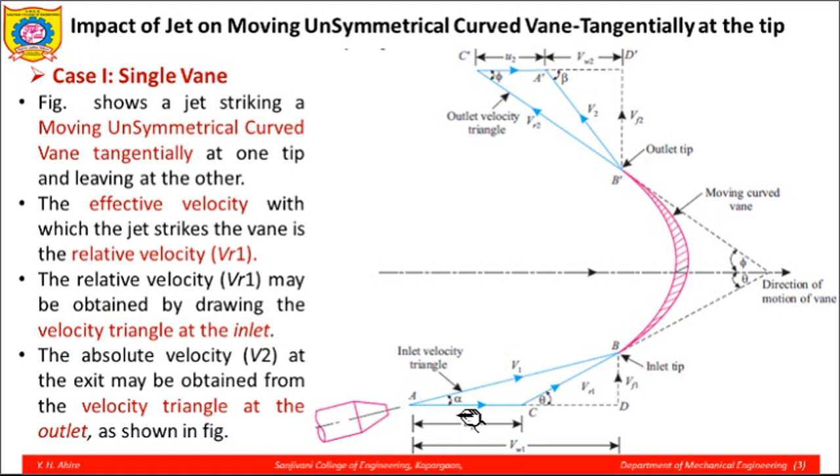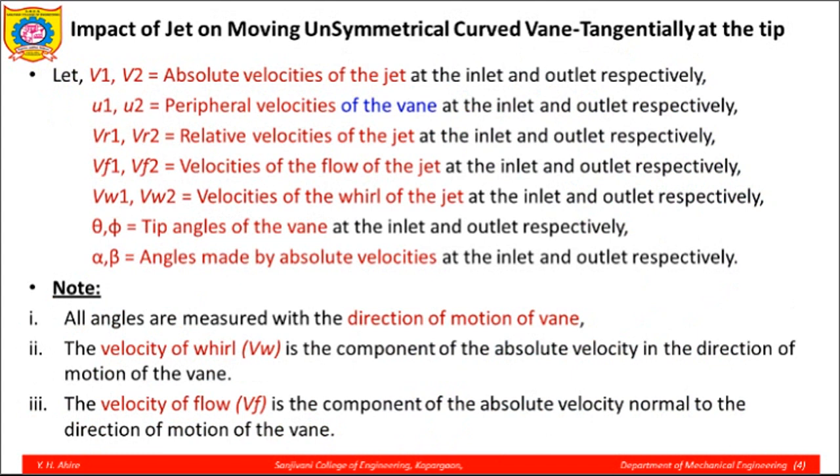Alpha and beta are the vane angles, the angles made by V1 and V2. Further, what we note is that all the angles are measured with respect to the direction of motion of the vane, that is the x direction. The velocity of whirl Vw is the component of the absolute velocity in the direction of motion of the vane. The velocity of flow Vf is the component of absolute velocity normal to the direction of motion of the vane.